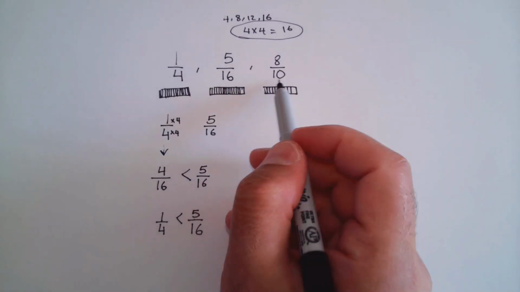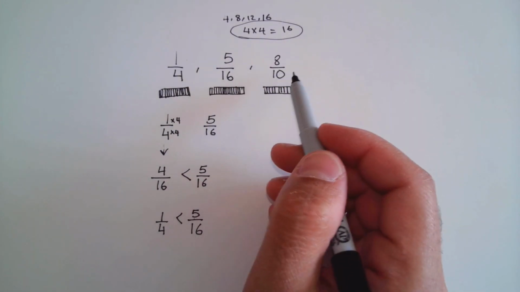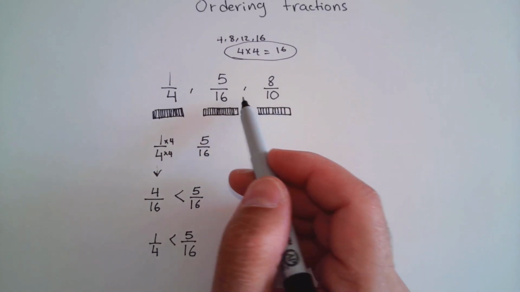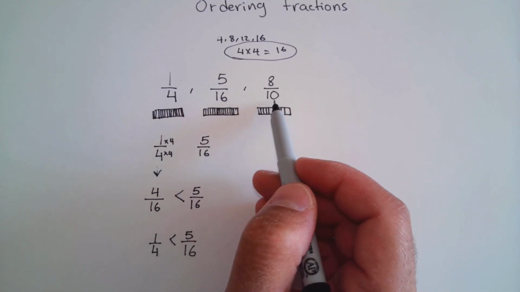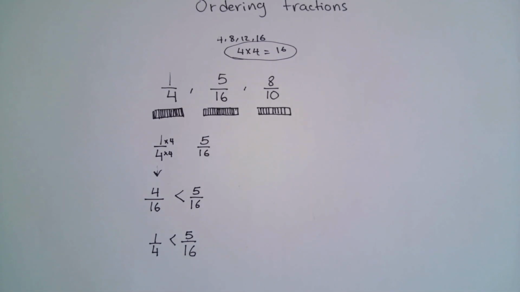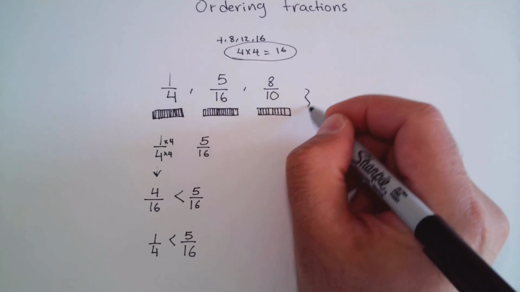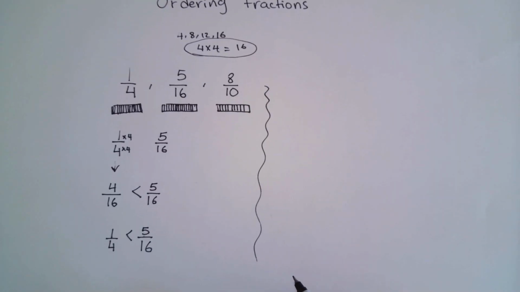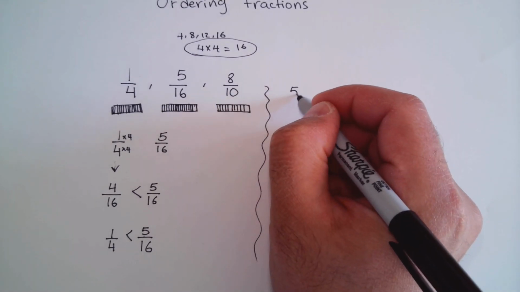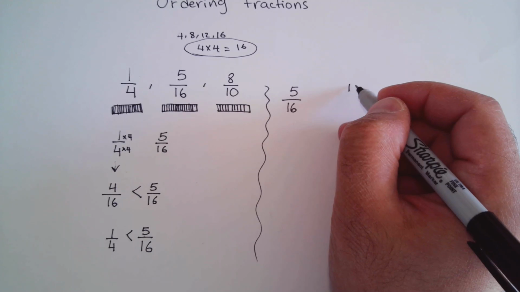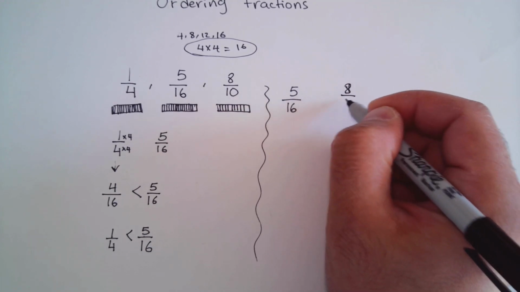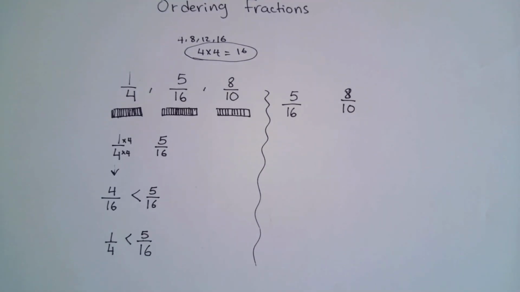Now let's look at these two. 16 or 10, can it ever become 16? The answer is no. So here we have the second part. Let's look at 5/16 and 8/10ths.